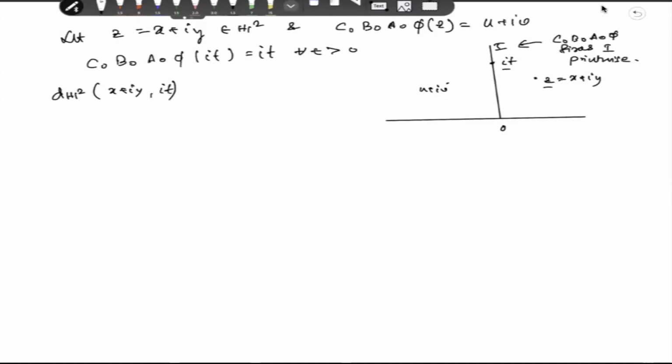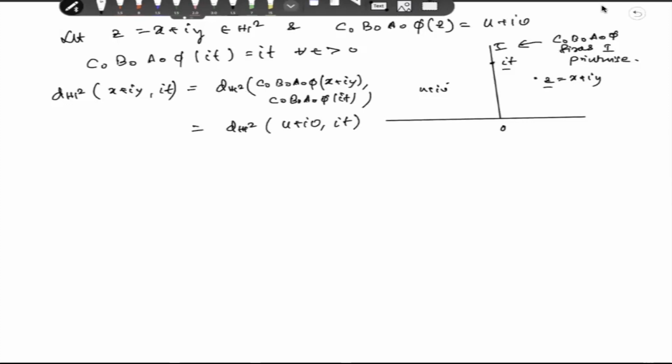Now we apply the isometry C compose B compose A compose phi on these two points, so the distance will be preserved. The right hand side will be the distance between U plus IB and IT, since the point IT is fixed by the isometry.